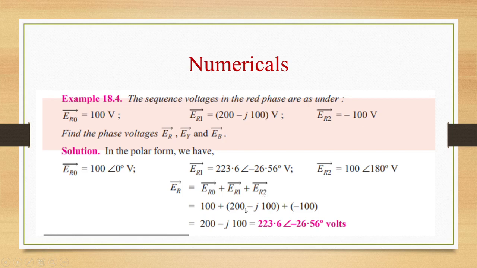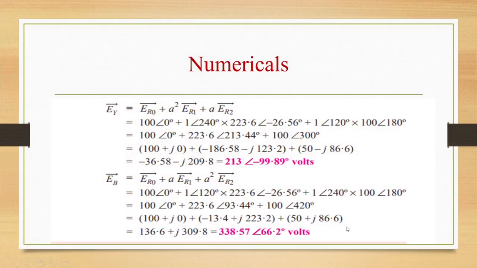Addition and subtraction should be done in rectangular form, multiplication and division should be done in polar form. So what answer we will get here: 100 plus 200 minus 100 means 200 minus J100. Converting this rectangular form to polar form, 223.6 angle minus 26.56 degrees volts.